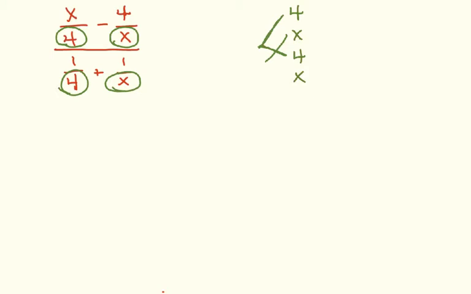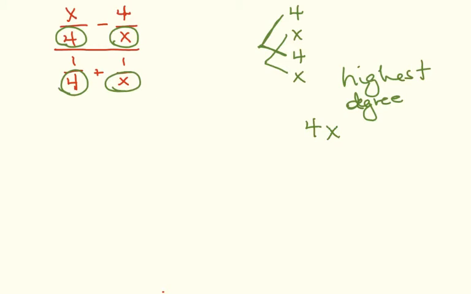And with our variables, we want to make sure we get the highest degree. So if one of these were an x and one of these were an x squared, we would take x squared for our least common denominator. But here we just need to make sure that we get the 4 and the x.